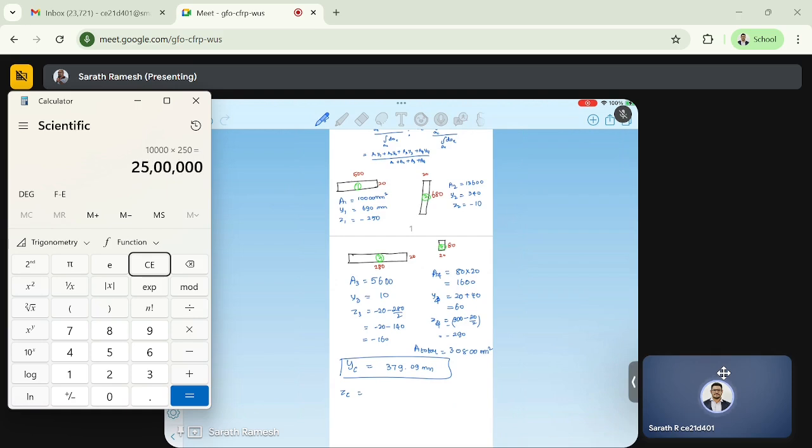It's negative 250, but I'm just keeping it in my mind, plus, oh wait a minute, 10,000 times 250, plus A2 is 13,600 times 10, plus A3 is 5,600 times 160, plus this is A4, 1600 times 290. Fine.